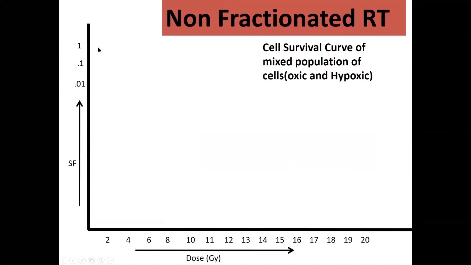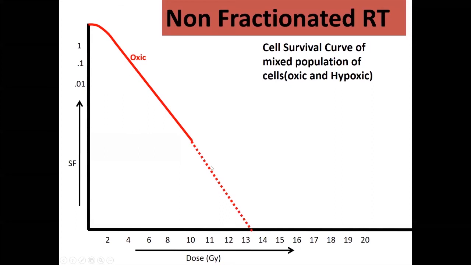The initial portion of the cell survival curve will reflect the reduction in survival fraction of oxic cells because they are more sensitive. Had there not been any hypoxic component, the cell survival curve would have ended like this.